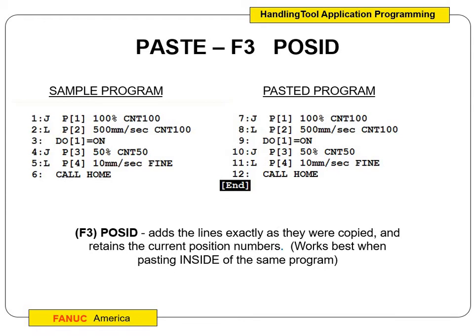This is F3. It copied everything verbatim. So lines 1 through 6, copied and pasted, were 7 through 12. It kept the logic and the position numbers the exact same.